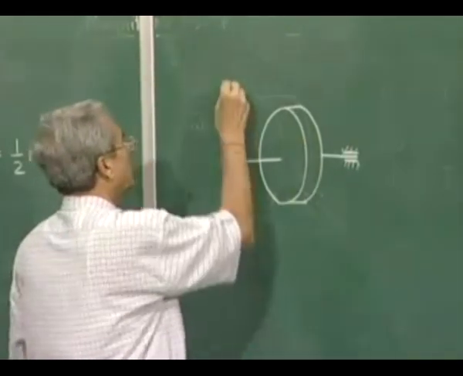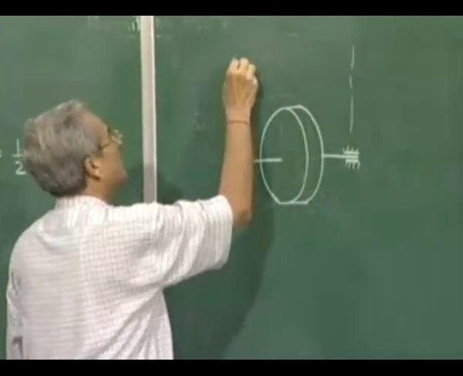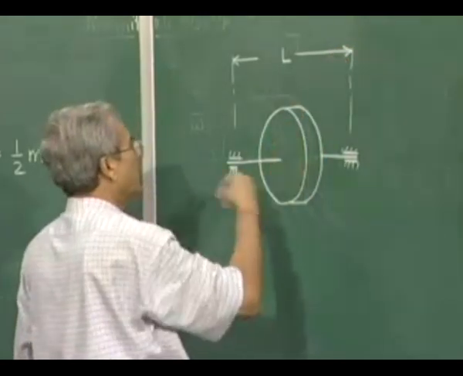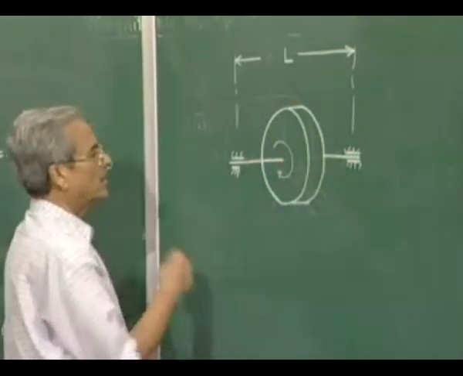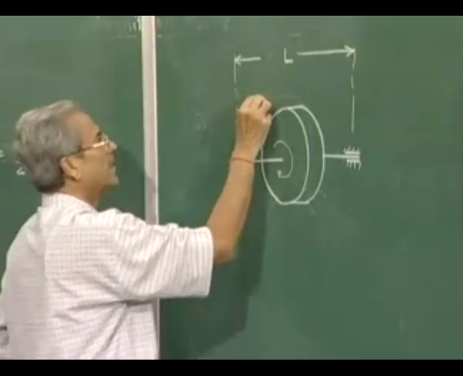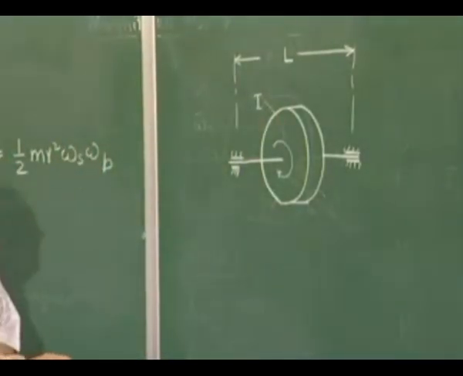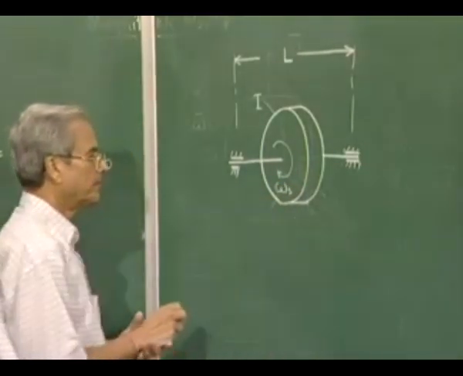Let the distance between the bearings be given, the moment of inertia about the central axis is I, or we call it polar moment of inertia, and its speed be omega s.